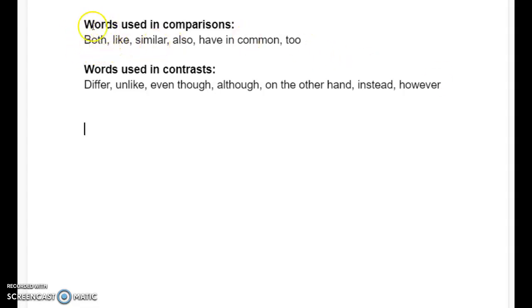So, we can use the word both. Both soccer and basketball use balls to play the sport. Okay, that's a complete sentence, and I used my key word for comparisons, both.